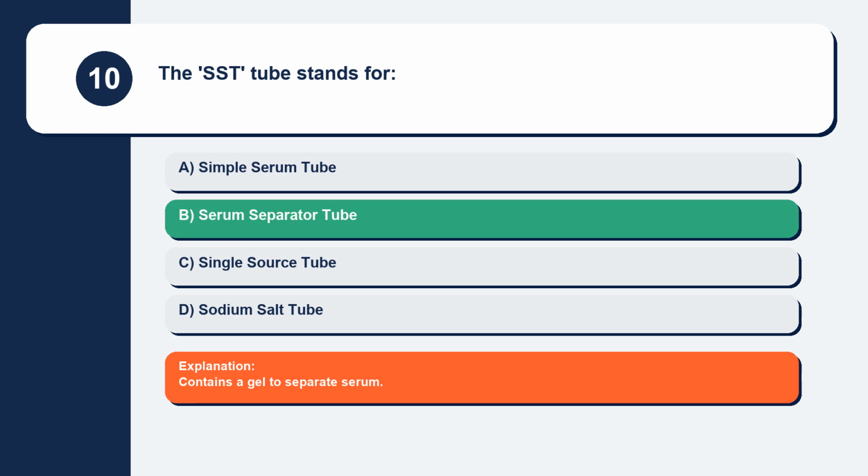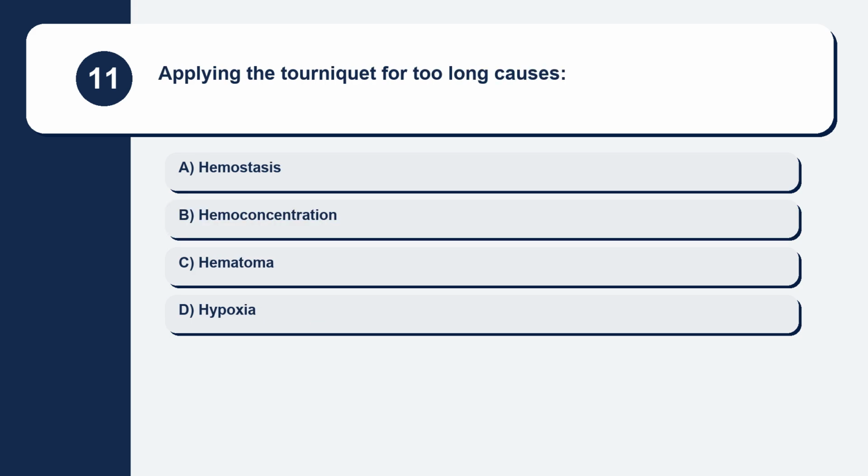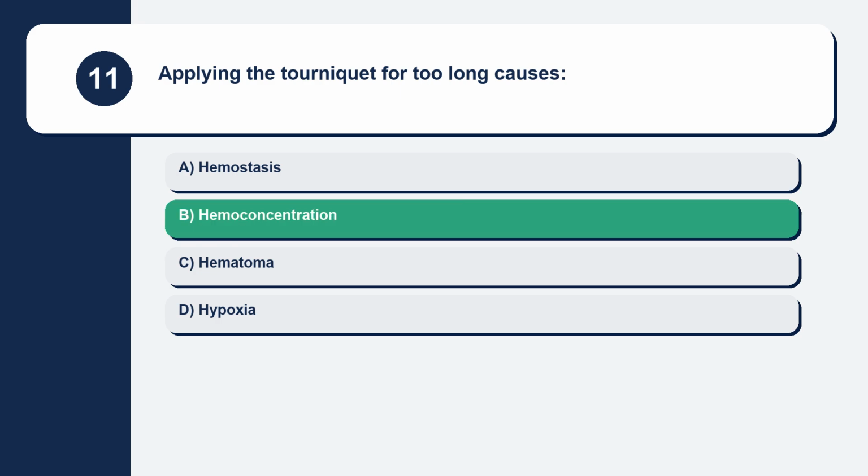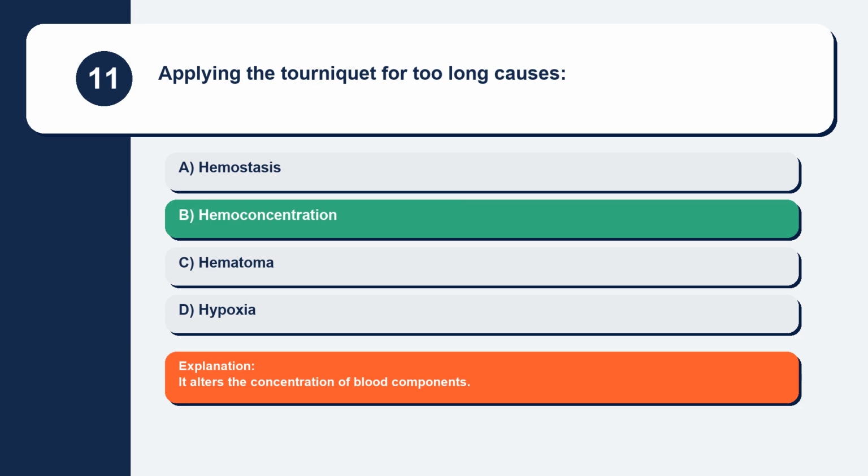Contains a gel to separate serum. Question 11. Applying the tourniquet for too long causes: hemostasis, hemoconcentration, hematoma, hypoxia. It alters the concentration of blood components.